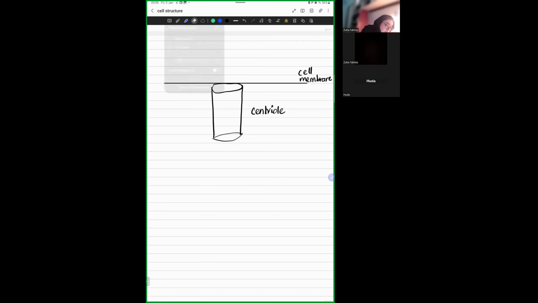The centriole would give rise to cilium. And how is it so? Basically, in a centriole, there were a number of microtubules present, protofilaments present, right? So these filaments are chain-like, long cylinders.